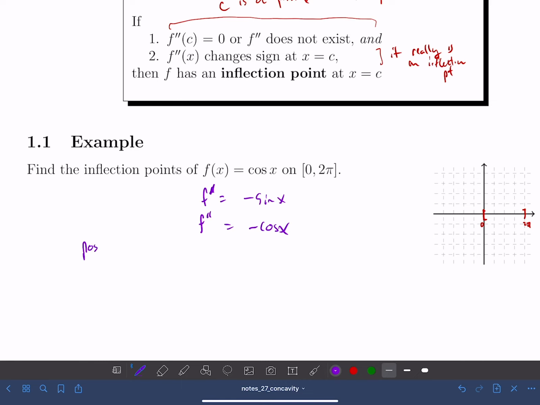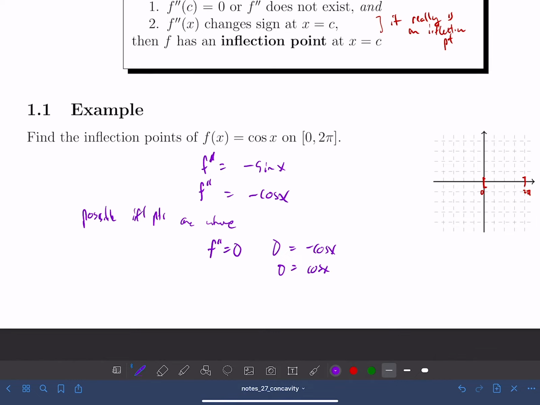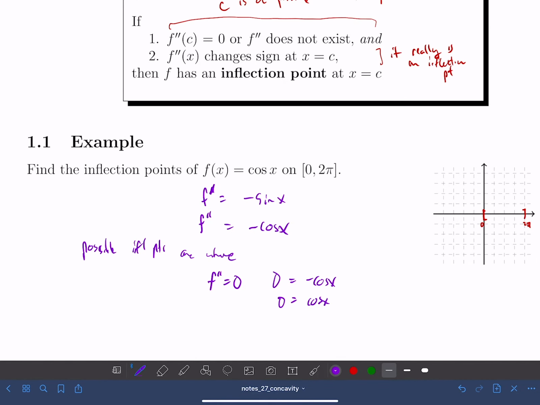So the possible inflection points are where f double prime equals 0, and that means that 0 equals minus cosine of x. That means that 0 equals cosine of x. Drawing cosine, I know that it goes like this, from 0 to 2 pi.